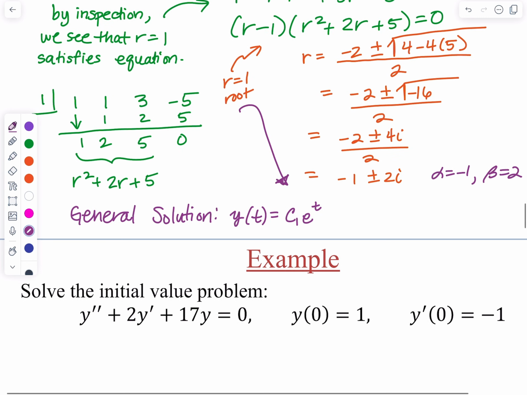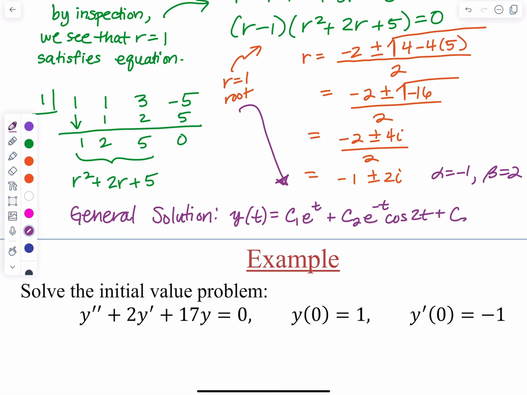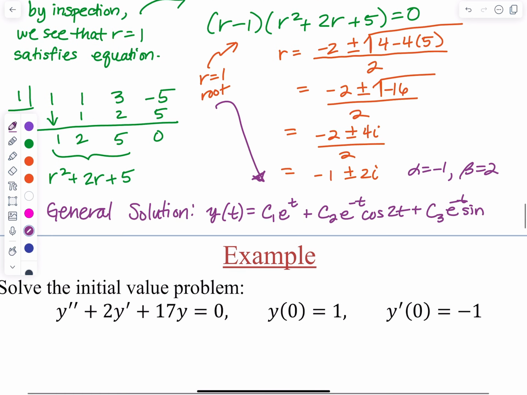And now we'll go ahead and add that to C2e to the alpha t multiplied by the cosine of beta t. And now we have our third constant, C3e to the negative t sine of 2t.